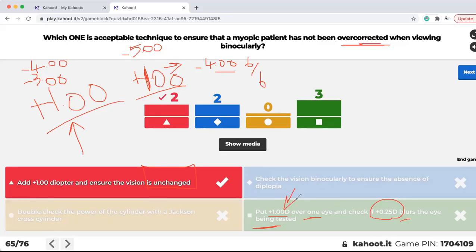But what happens if the patient is blurred after +1? Then this is the right refraction. But if it is unchanged, if it is still 6/6, then the patient is overcorrected. And what will we do next? We put +0.25 in order to reach the best correction for the patient. The +0.25 will not blur the eye.